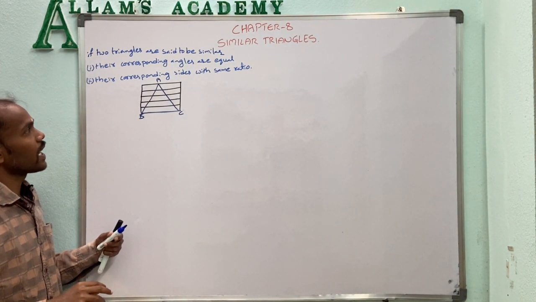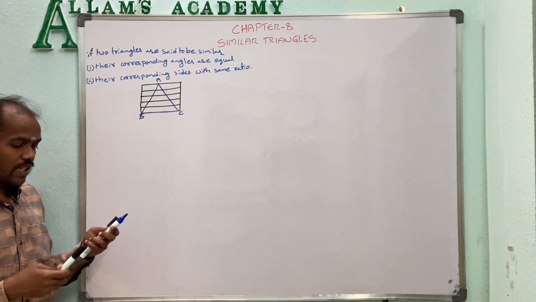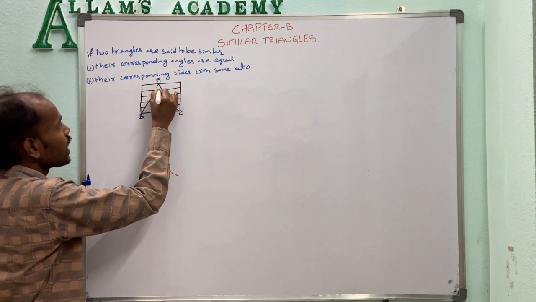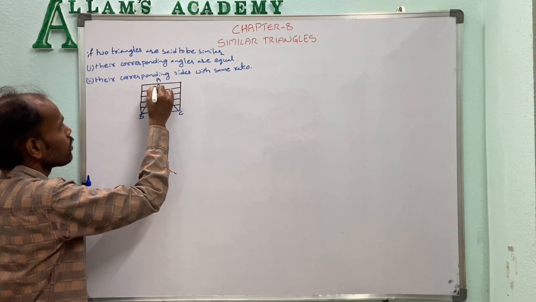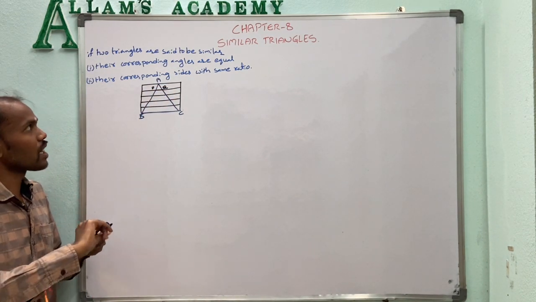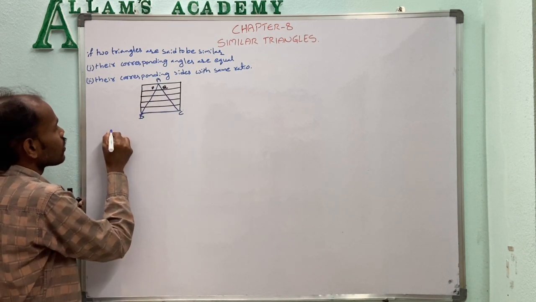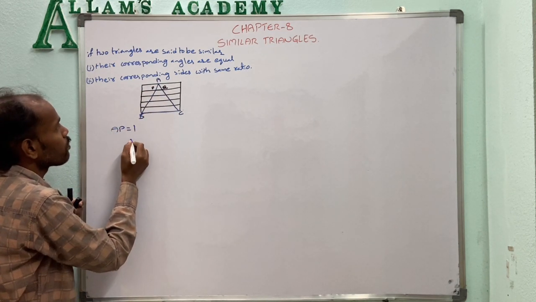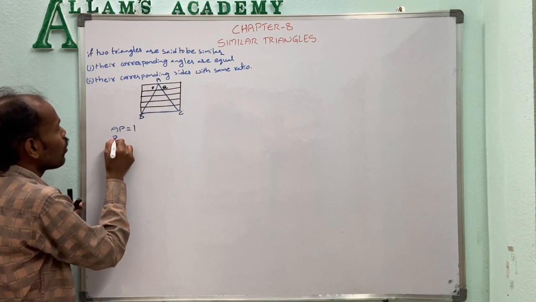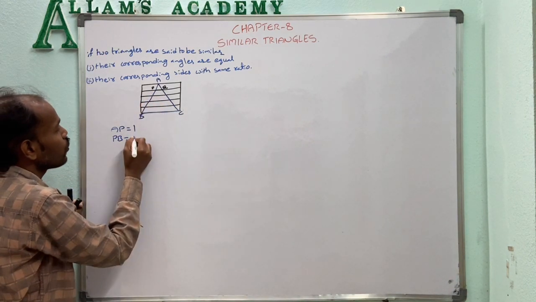In this triangle we draw a line segment with points P and Q. Now AP is how many parts? One part, and PB is 1, 2, 3, 4 parts.